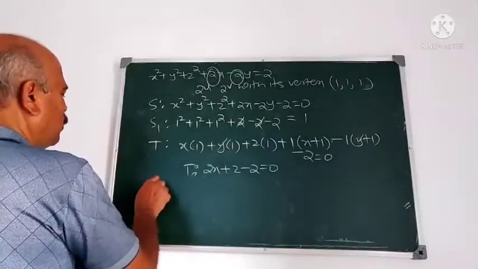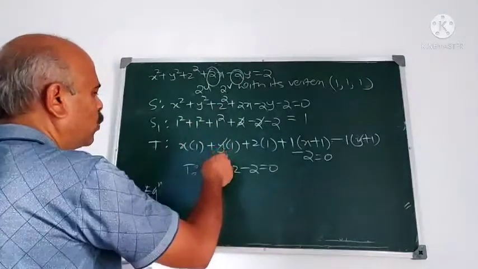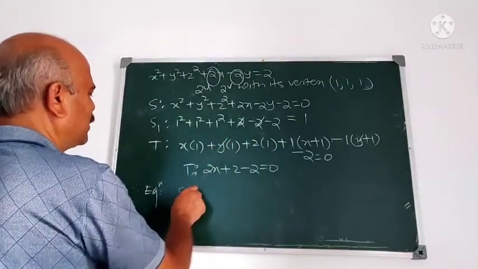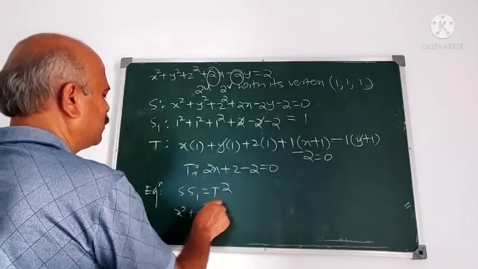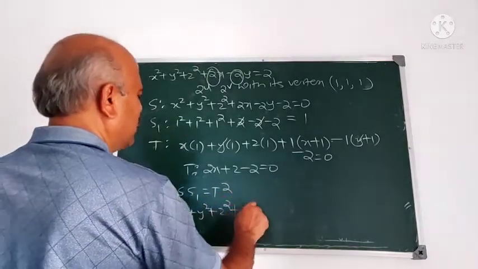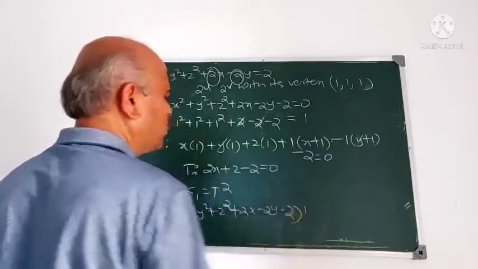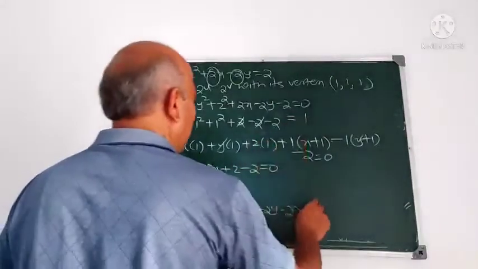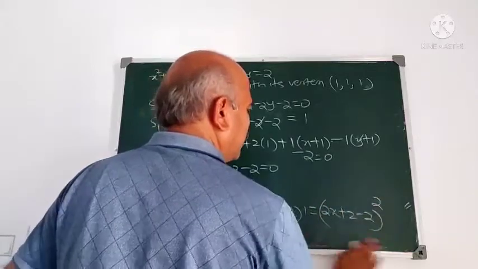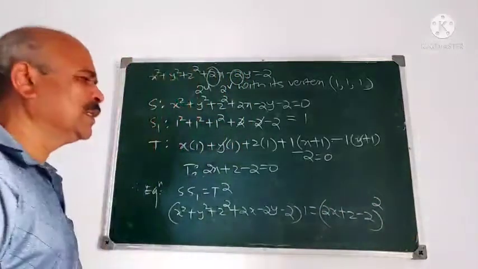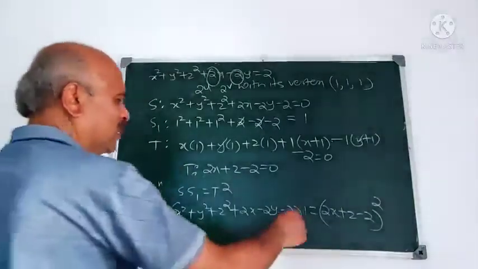Therefore, the equation of the enveloping cone of the sphere is S1 is equal to T square. Therefore, x square plus y square plus z square plus 2x minus 2y minus 2, into S1 which is 1 here, is equal to 2x plus z minus 2 whole square. This is the equation of the enveloping cone of the sphere. Of course you can simplify this.